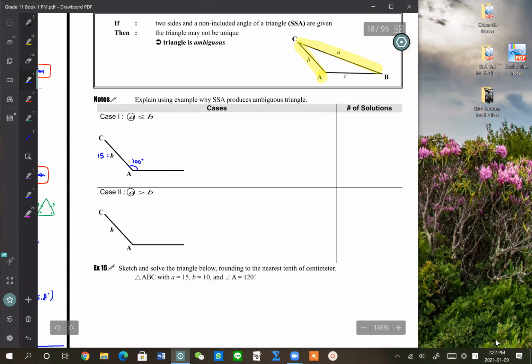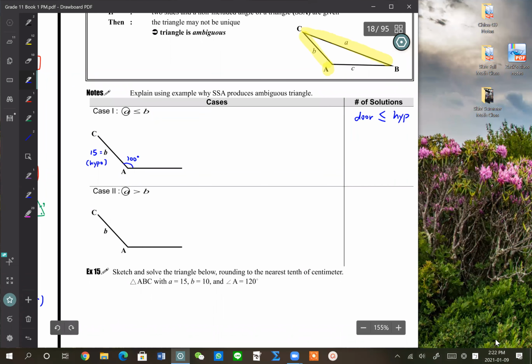The first case is when the door is shorter or the same as the hypotenuse. Let's call this hypotenuse. So, Evan, what number do you want the door to be? 10. Okay, so shorter than 15.